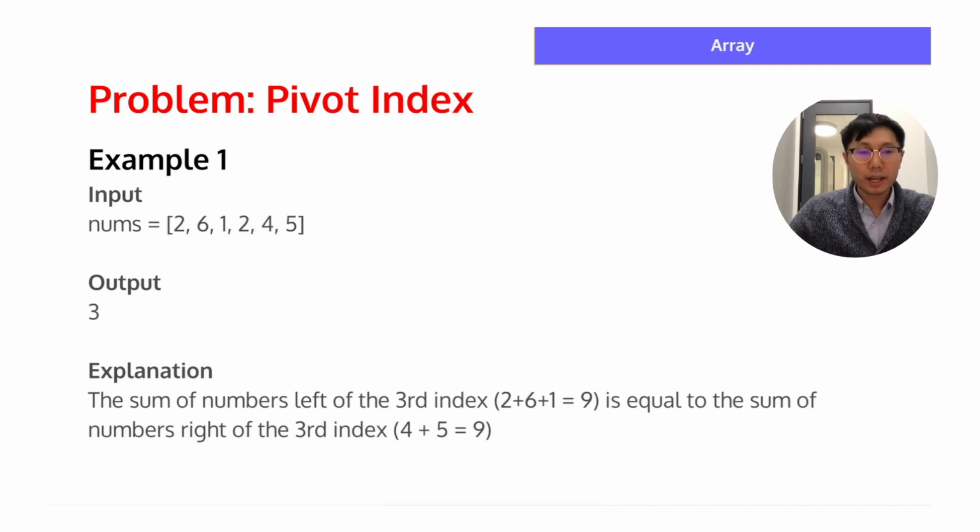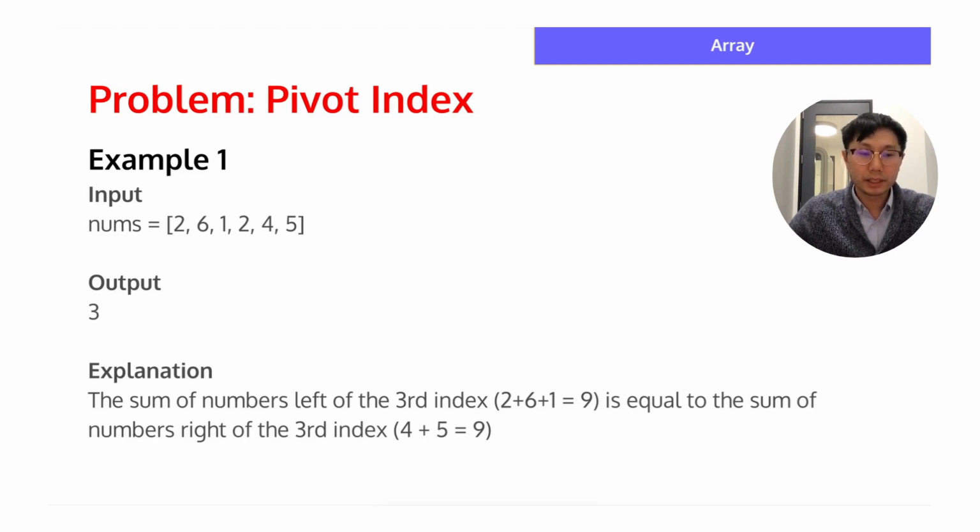Now, let's take a look at example input 1. Here we have an array called nums that contains the values 2, 6, 1, 2, 4, 5. For this example input, our output for the pivot index will be the third index.